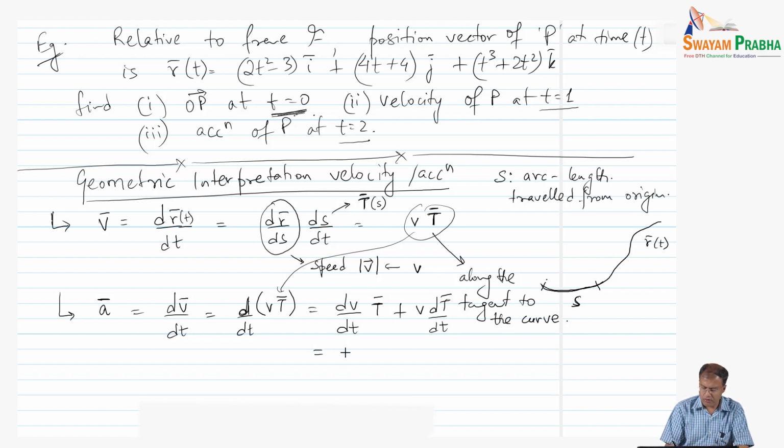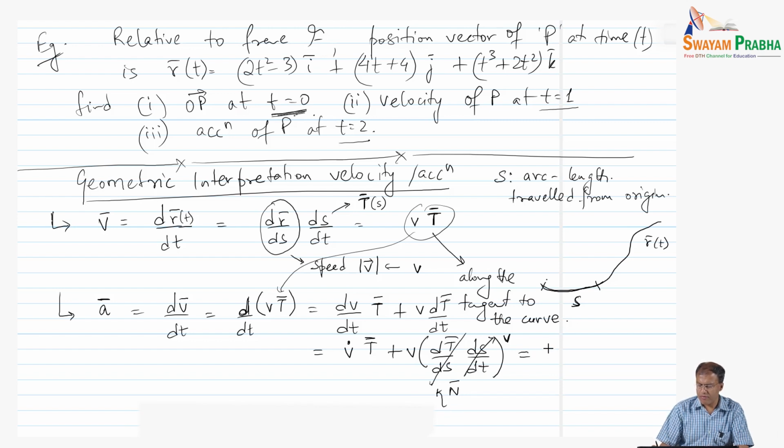So this is also equal to v dot, the change of speed with respect to time, along T, the tangent direction, plus v times dT/dt. Now dT/dt can be written as dT/ds times ds/dt. Here ds/dt is the change of arc length with respect to time, which is our speed, and dT/ds, from the definition of curvature, is equal to curvature times the normal vector.